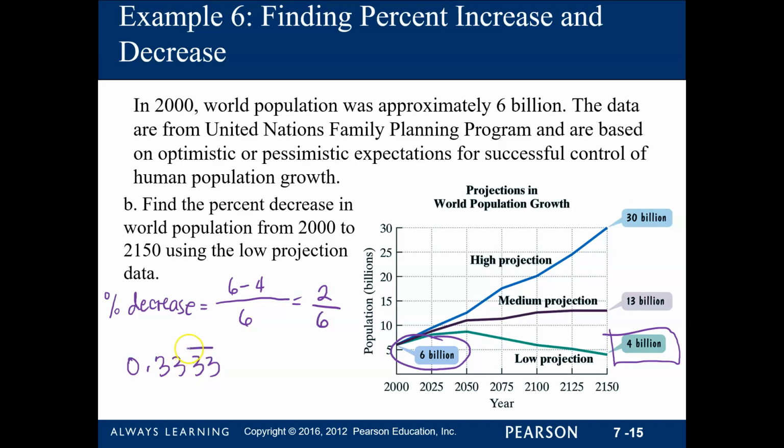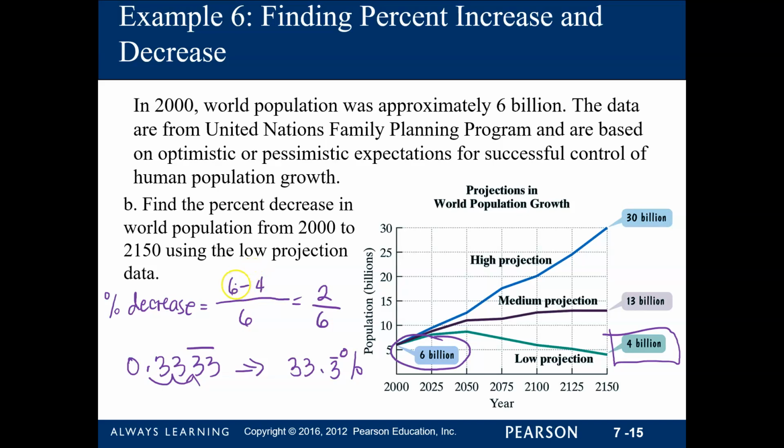0.33333. Actually, that's going to be repeating. And if we change this to percent, we have to move 2 decimal places to the right, which will end up giving us 33.3% decrease. One thing I'd like to highlight, in the numerator, we do not care about the sign.